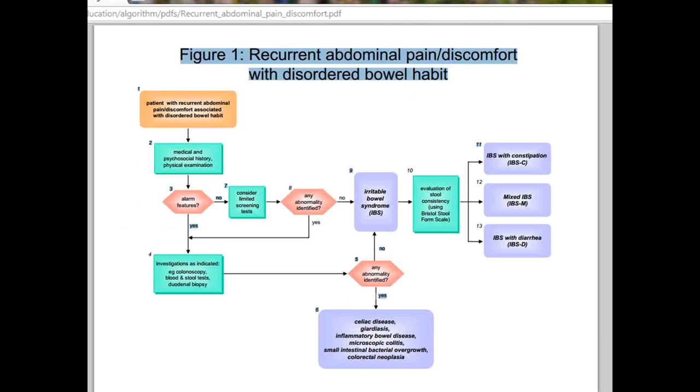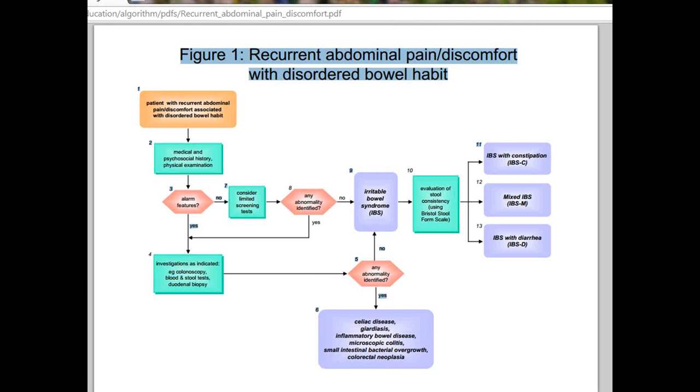I put in this slide, which is from the Rome 3 criteria website, where it gives you a really nice walkthrough algorithm of the patient with recurrent abdominal pain or discomfort. This particular slide will help you avoid missing any red flags. It gives different stop points. For example, if you do see alarm features of blood in the stool, nighttime changes in bowel habits, weight loss, what to do next.